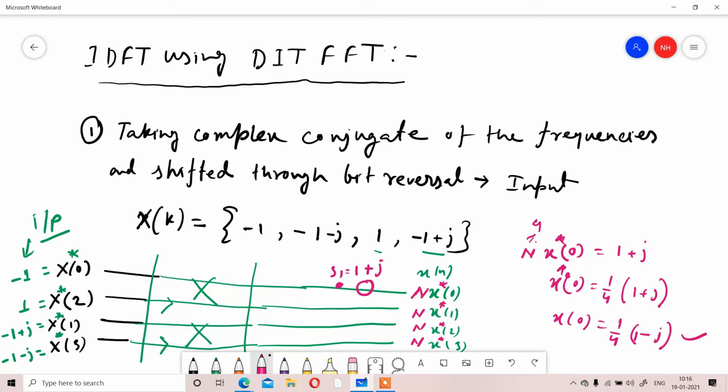Similarly, whatever the value of x1 you get, you represent N x1 star equal to that value, and from here you will get your x1. Clear? In that way, x0, x1, x2, x3 you need to calculate for the given capital Xk. Clear or not?